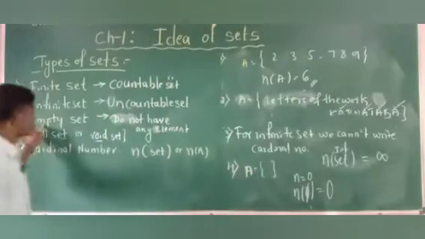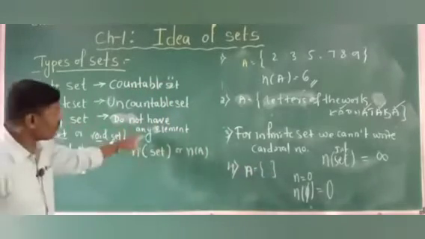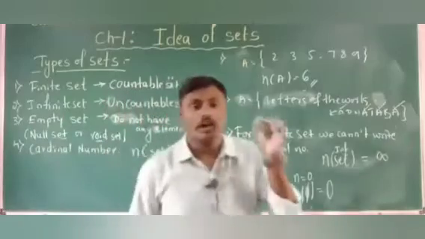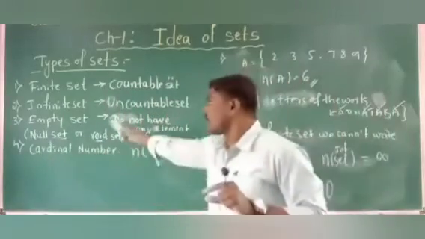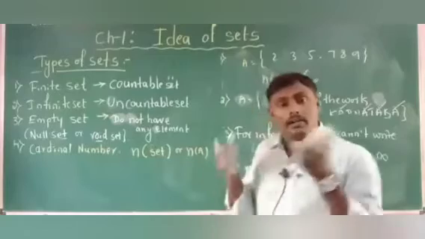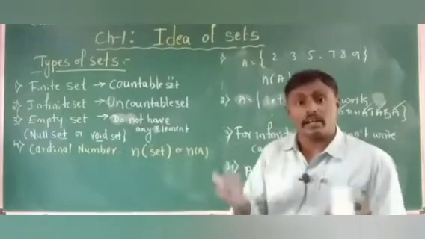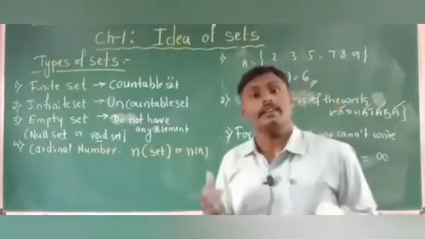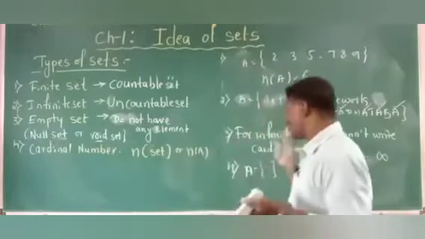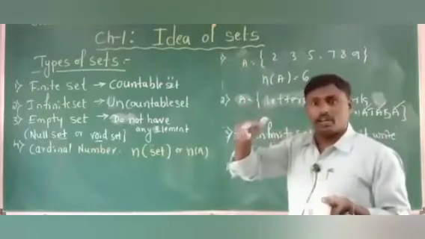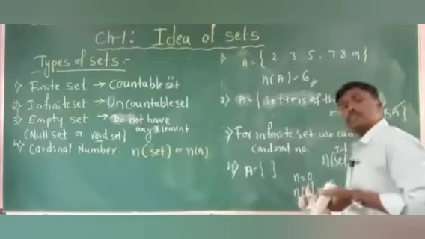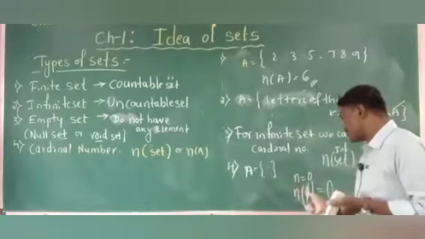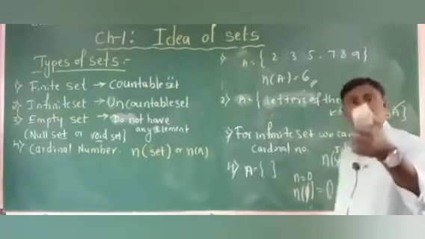What is the definition of an empty set? It does not have any element. The set which does not have any element is called an empty set. If a set does not have any elements or members, then how can we write the number of elements existing in that particular set? We cannot, no? So the cardinal number of an empty set is 0.